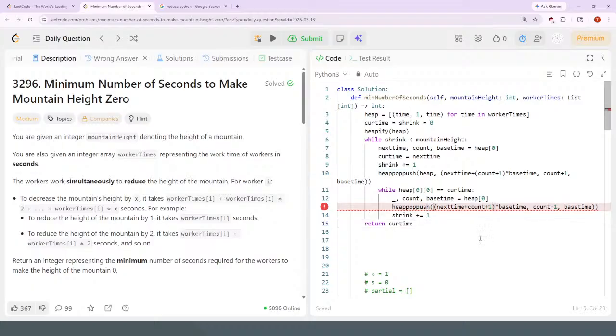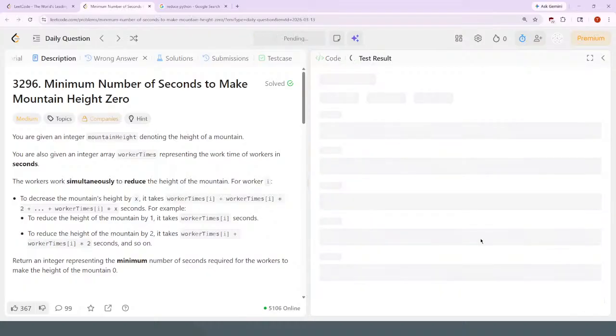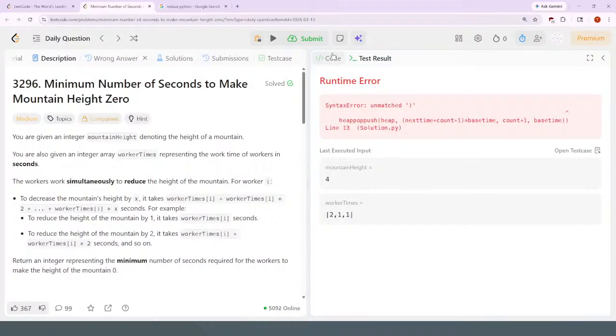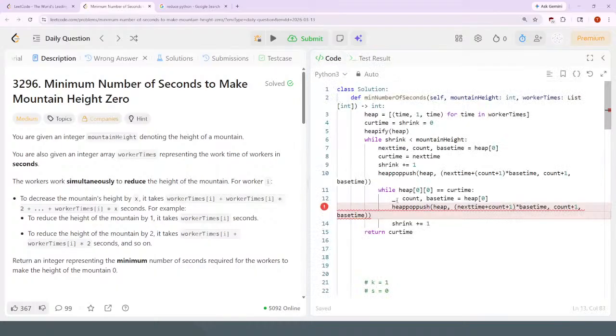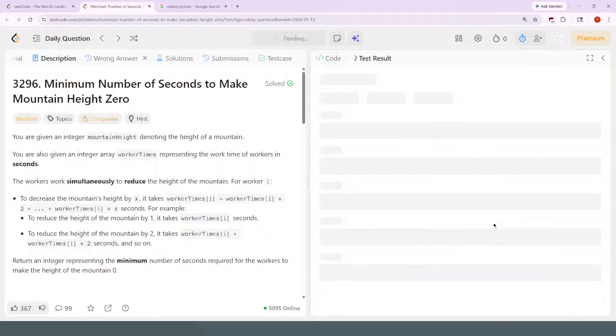Whoops. I forgot to heap. Unmatched. This should be a tuple. Oops. Oh, there's missing parentheses there.